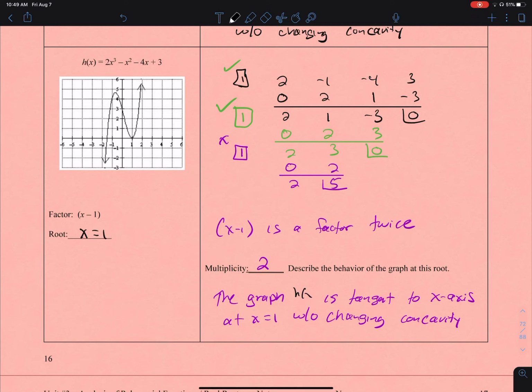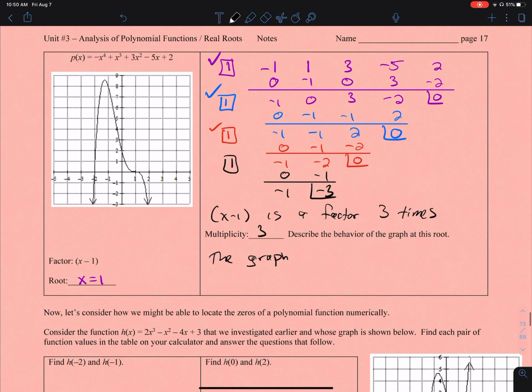If I just say the graph, the reader may not know which graph we're referring to. And then here, it's the graph p of x crosses the x-axis at x equals 1 and changes concavity.